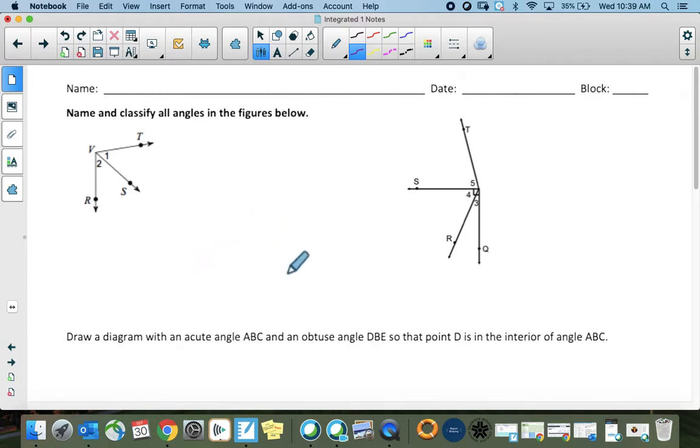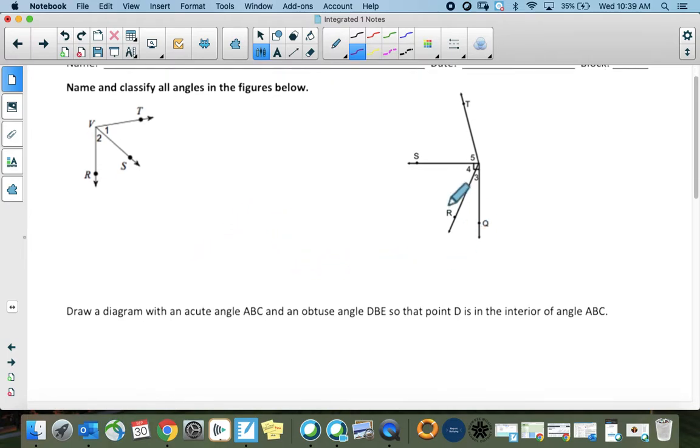Okay, it says name and classify all the angles in the figure below. So the first one, we have multiple angles. We have this small angle, we have this small angle, and then we have the whole thing. So angle 1 is less than 90 degrees, so it's acute. Angle 2 is also less than 90 degrees, so it's also acute.